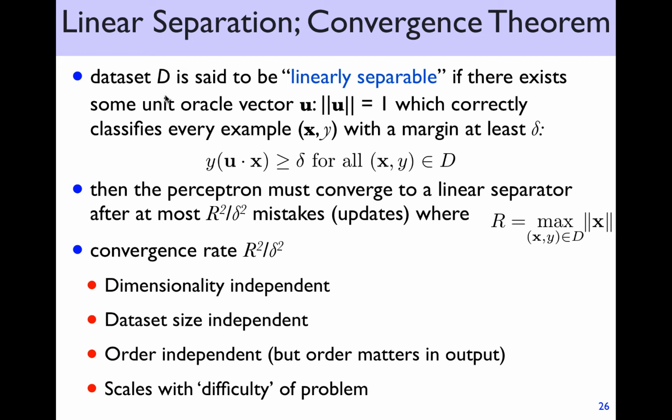If you have 1 million examples versus 10,000 examples, it's the same. This convergence bound does not care. And it's order independent. So you have, let's say, 1,000 examples in D. If you shuffle them, you get the same convergence bound. But actually, the actual order matters in the output because perceptron is actually sensitive to the order.